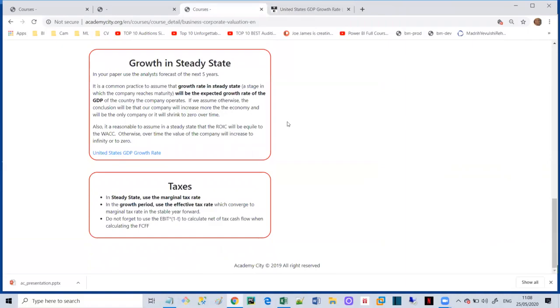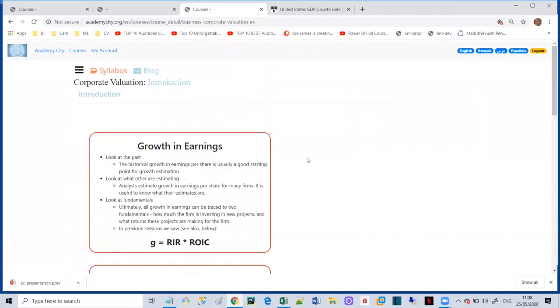The next question that is relevant before I even get to the taxes: what is the return on invested capital in the long run? Anybody want to guess? I'm just really going ahead of myself because we will revisit this question again.